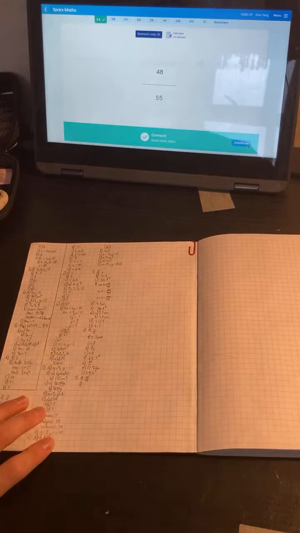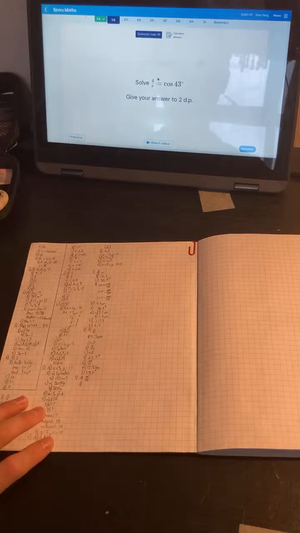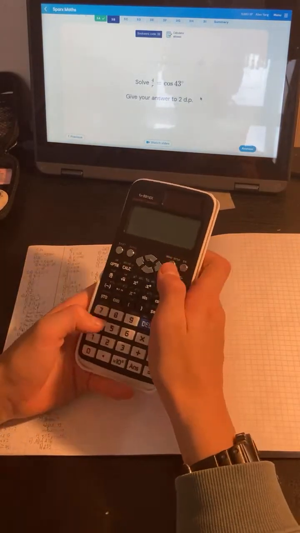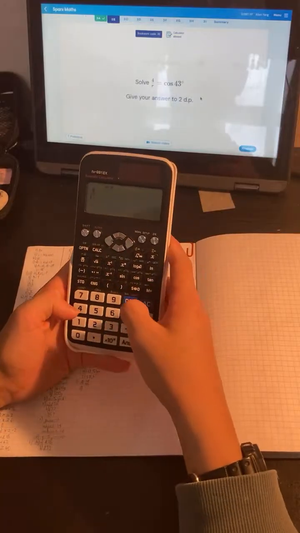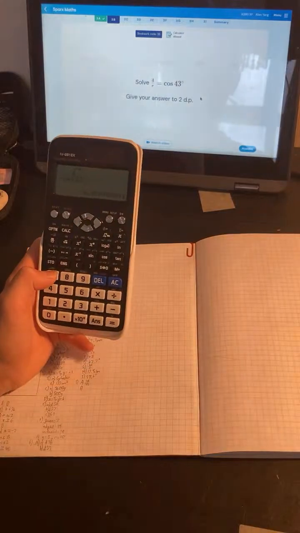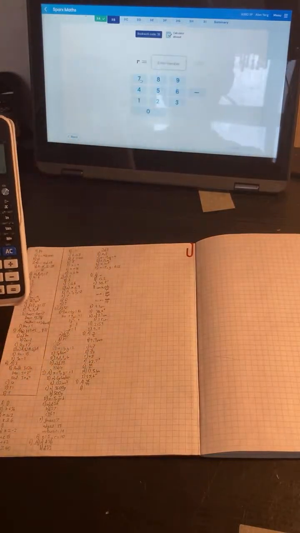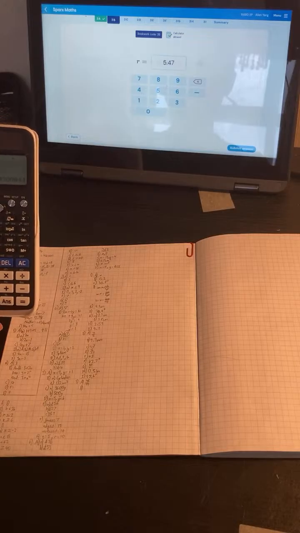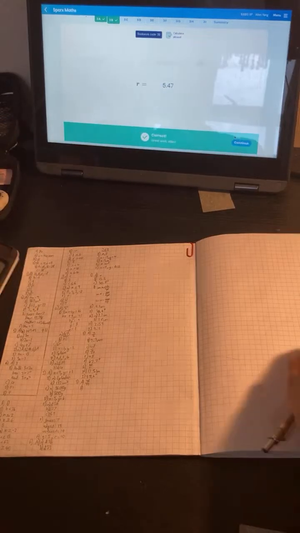B. Solve. Okay, right, so that's just 4 over cosine 43. So R equals 5.47. Yep.